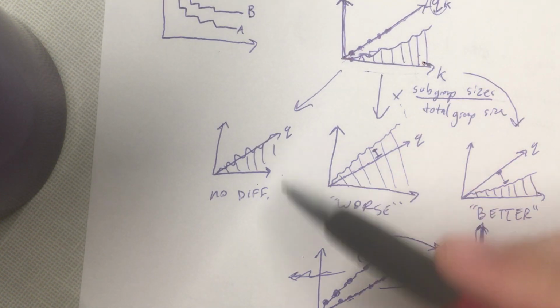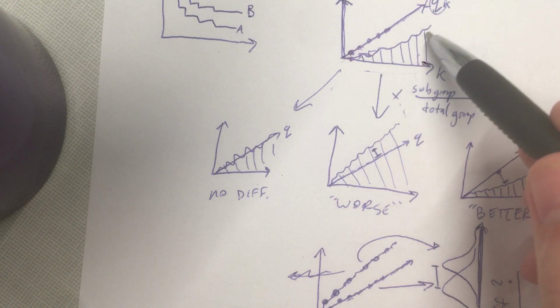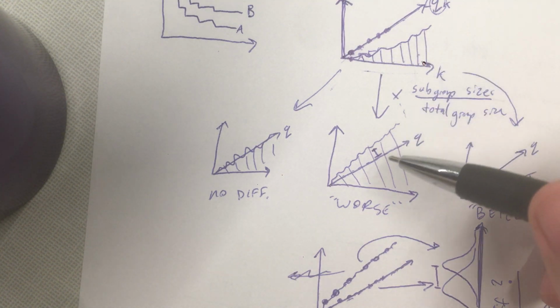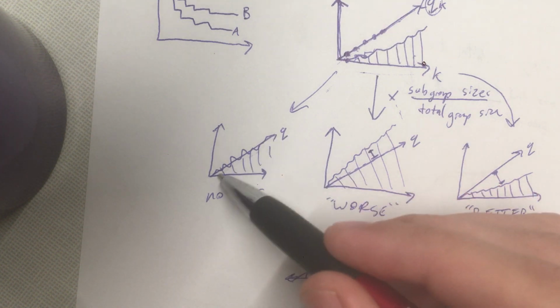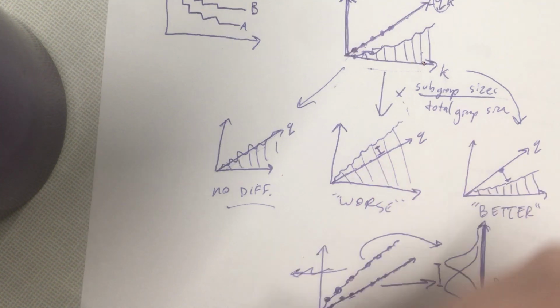If your subgroup is not significantly different, when you prorate this pseudo survival curve, or this total running death tally, it basically lines up exactly with the overall death tally or performance. There's no significant difference.